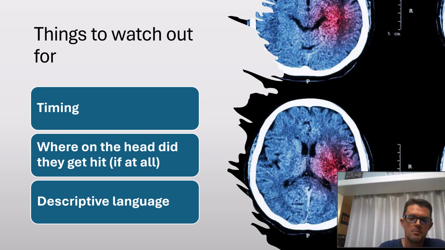All right, the big three things to watch out for when you're trying to figure out the answer. Number one is timing. I'm going to dive further into this, but you see a lot of differences with acute injury versus non-acute, like the epidural versus the subdural. The epidural they look at as an acute injury because it is.